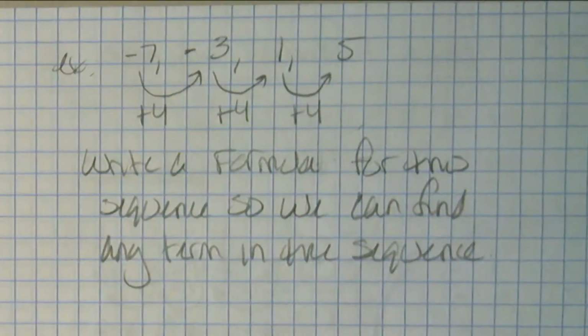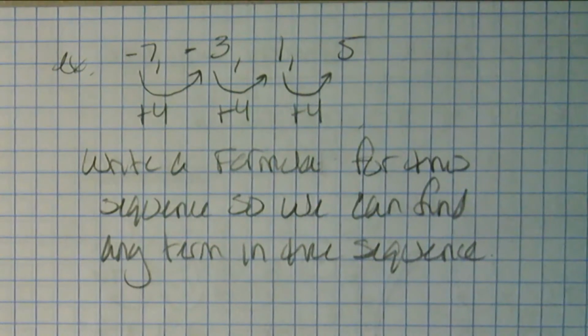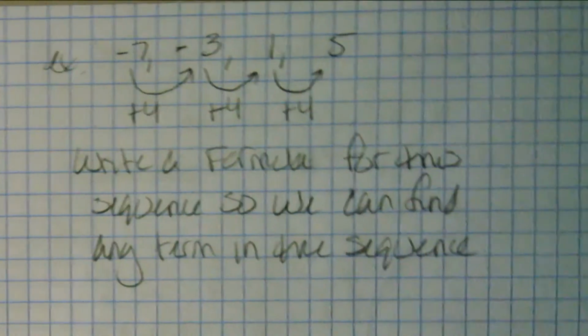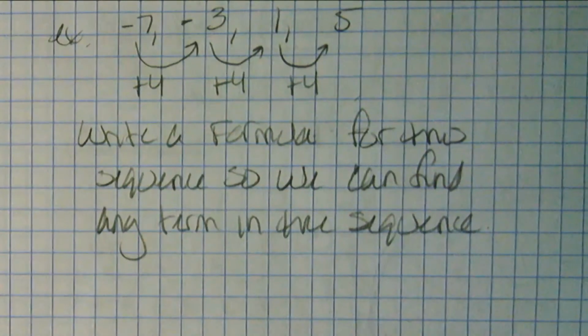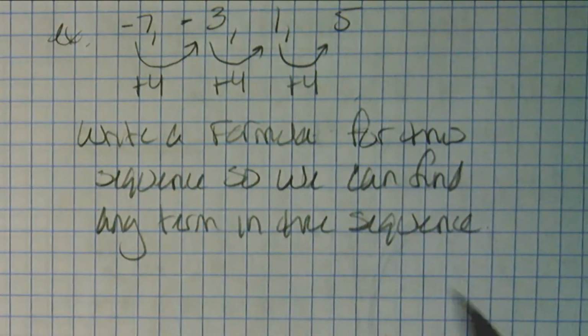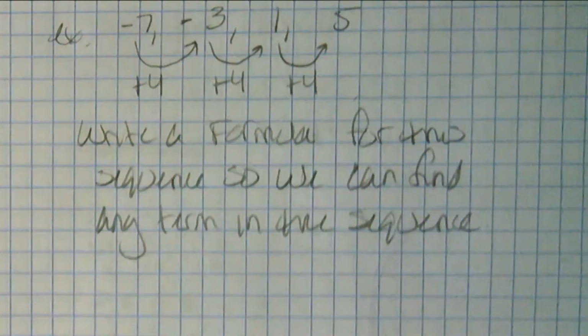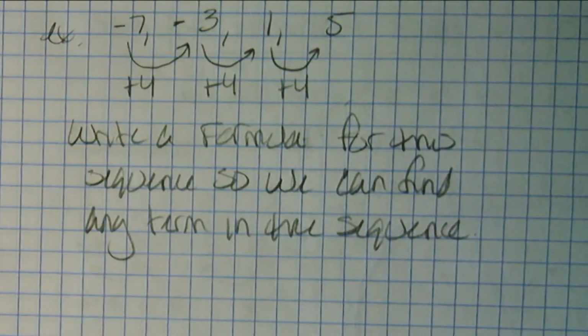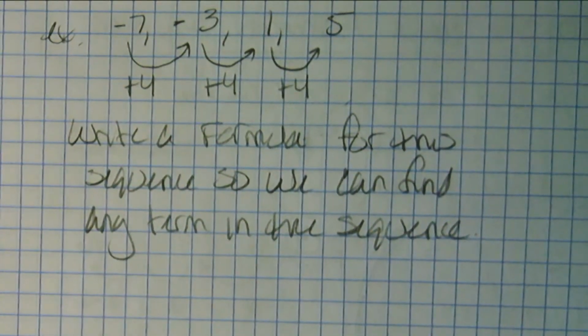So I could say, what's the 100th term in the sequence? And what you don't want to have to do is go add 4, add 4, add 4, add 4, add 4 100 times. That's going to be really laborious. So let's figure out a formula. All right, so let's figure out what we're going to do. You don't have to do this every single time. I want you to know where the formula comes from, so we're going to use this example to come up with the formula, okay?